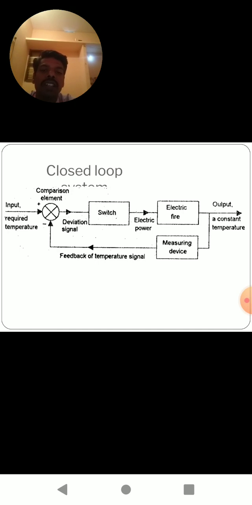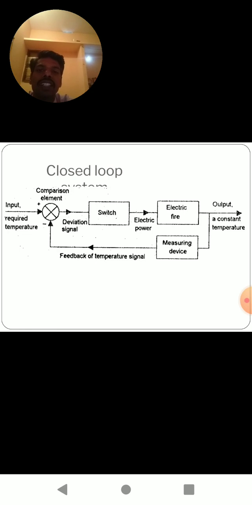That feedback will be provided to the comparison element. The comparison element will compare how many units of input we provided to the switch and how many units of output we received. That level will be compared in the comparison element.